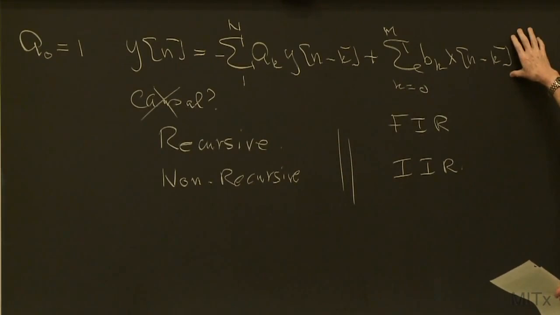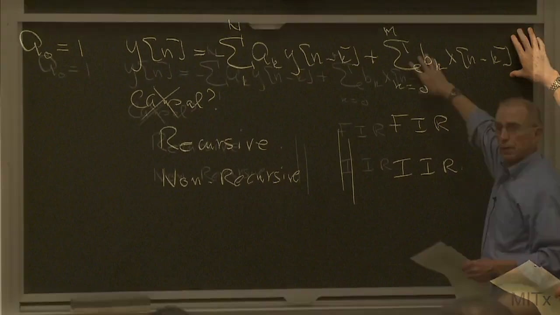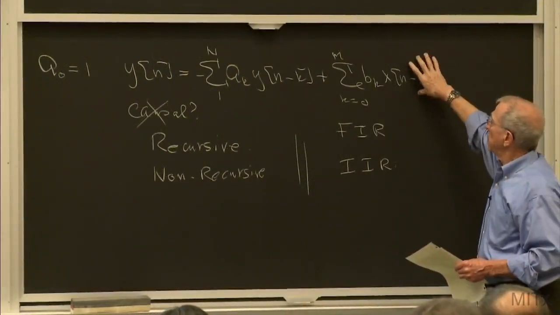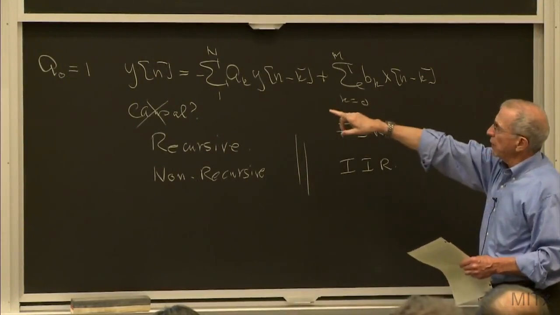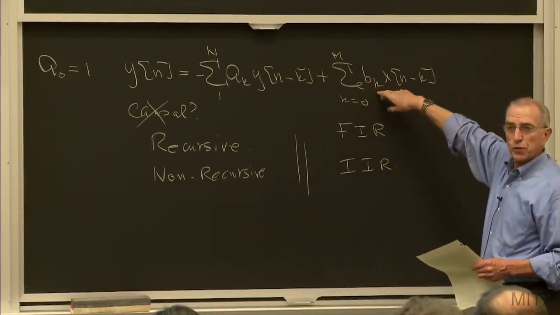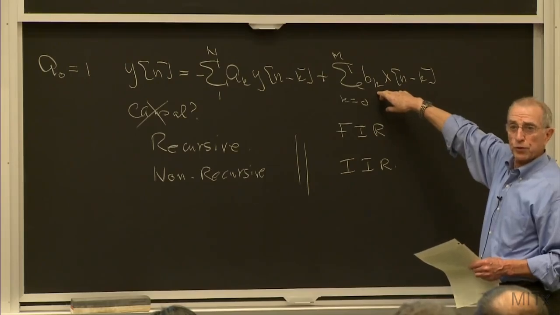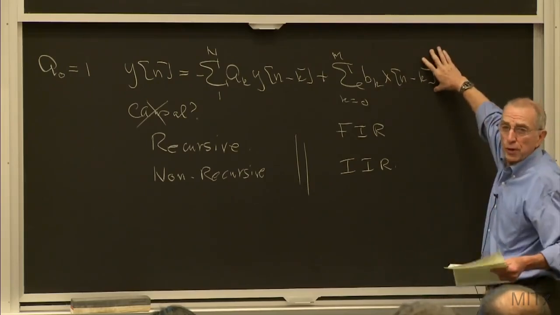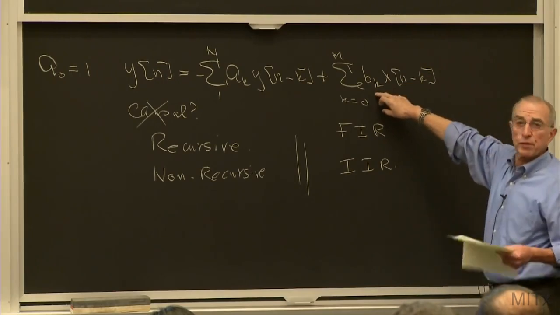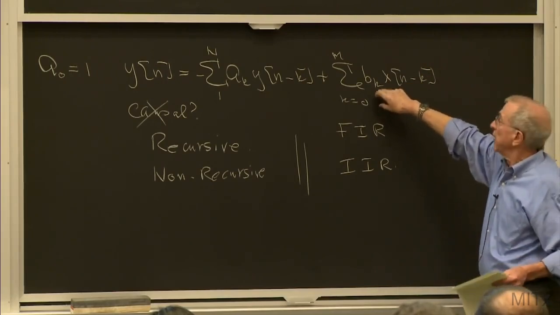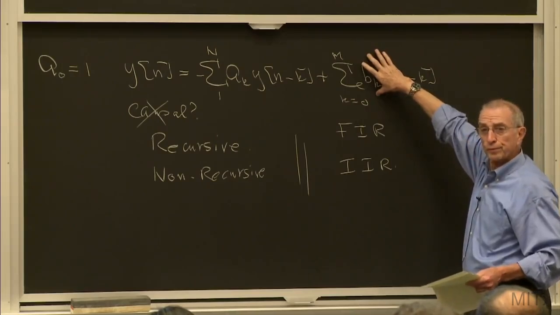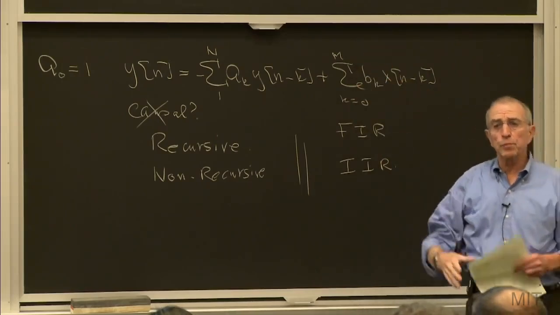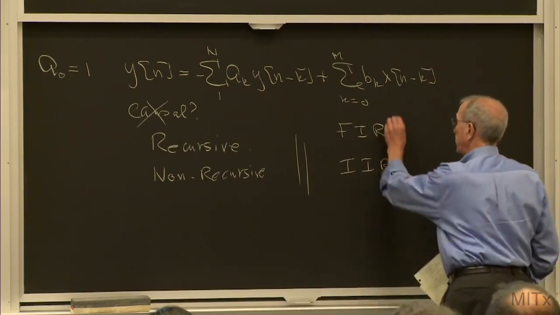If I hit this with an impulse, then what I will generate for y of n is this sequence of these coefficients. This, in fact, is the convolution sum. So these b sub k's would be the impulse response. And there's only a finite number of them. So the length of the impulse response is finite.